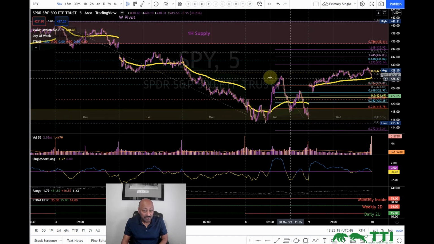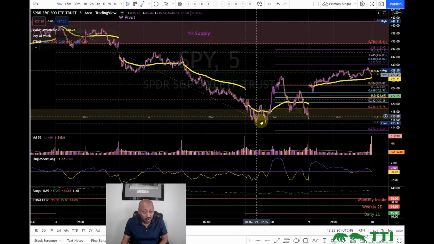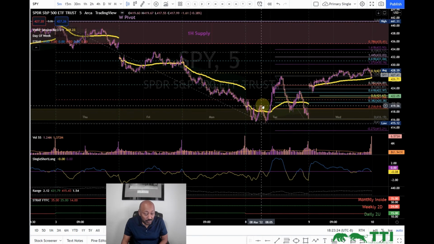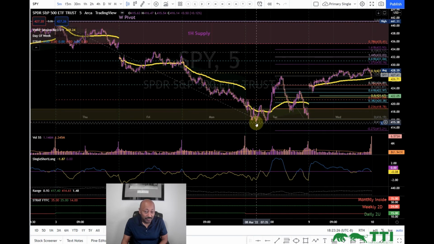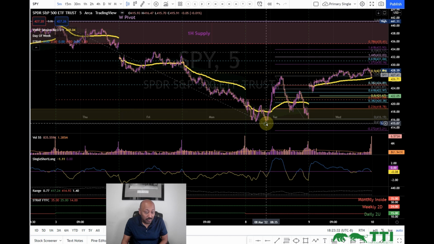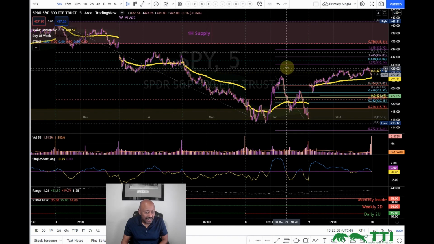So again, even on a lower time frame, there is no clear indication. Prior to that, when we made this high, we have a low, a high which is lower than the previous high, and then we went to a lower low. So again, because we keep going lower, there's not a clear indication.